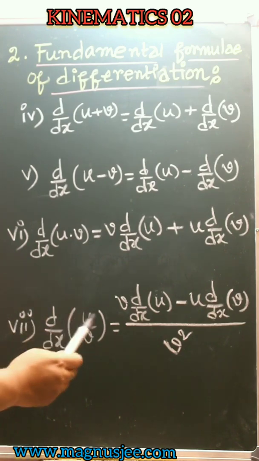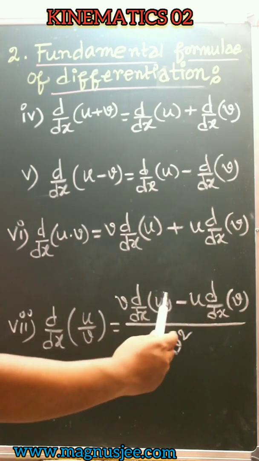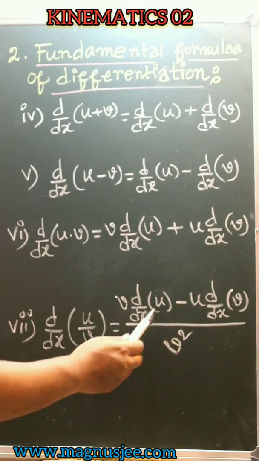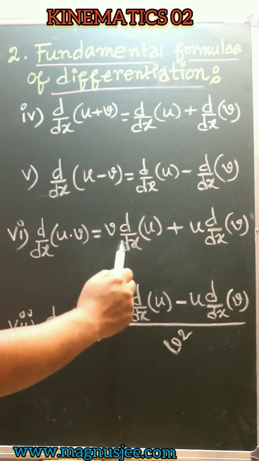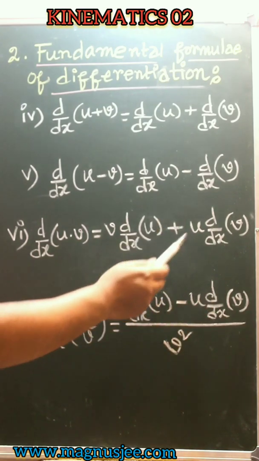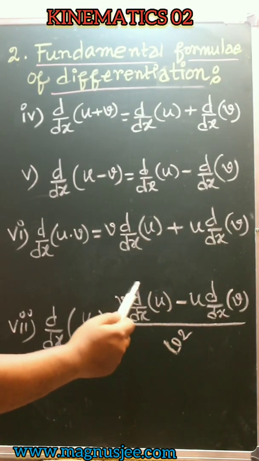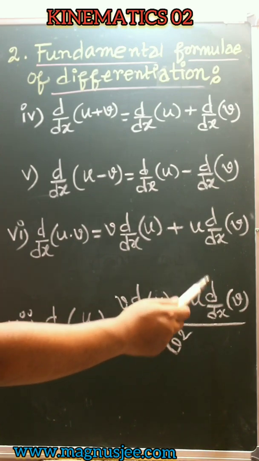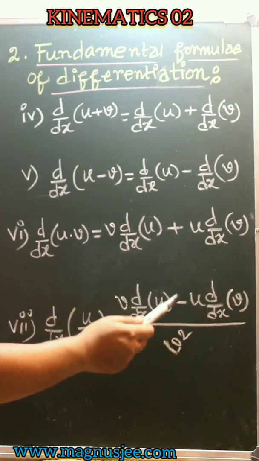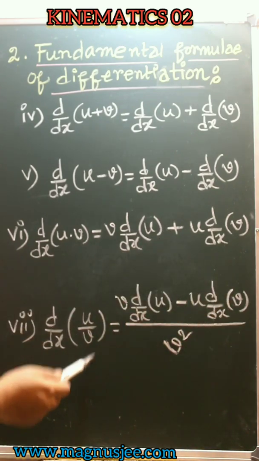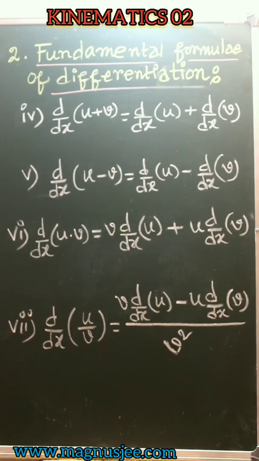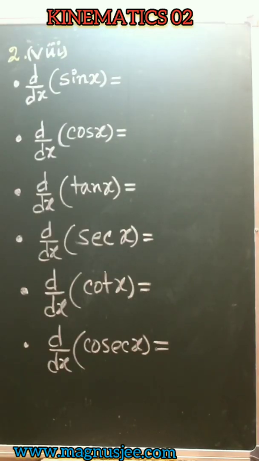If we compare u dot v and u by v formulas, there will be one difference, that is plus for u dot v and minus for u by v. And also the u by v formula should be divided by v square.